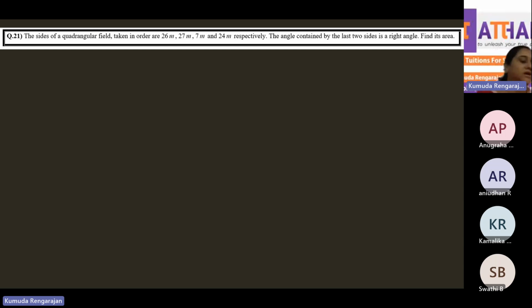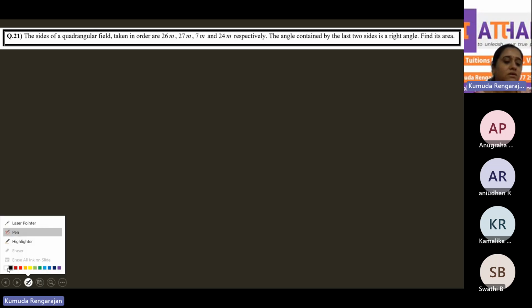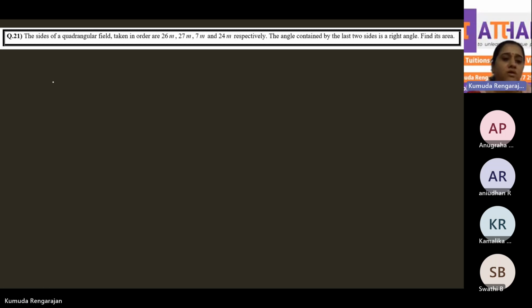Now tell me, if the others start writing... Nivedita, if I call my quadrilateral MNOP, which is the second side? Tell me all the 4 sides in order in MNOP. Which is the first side?